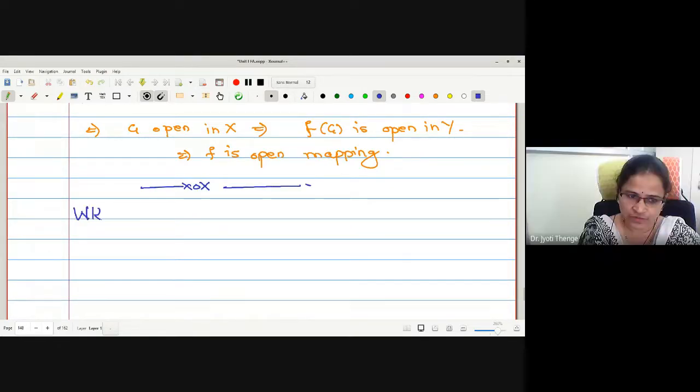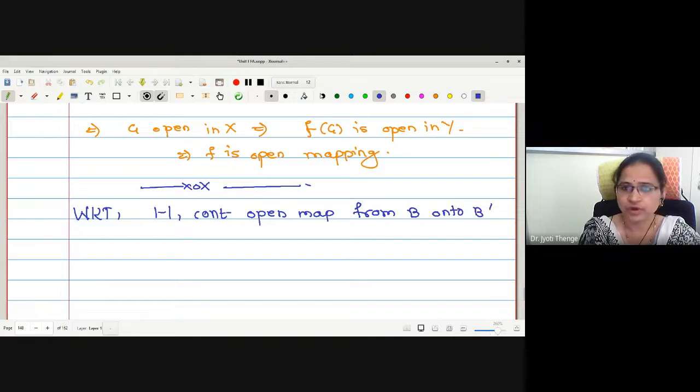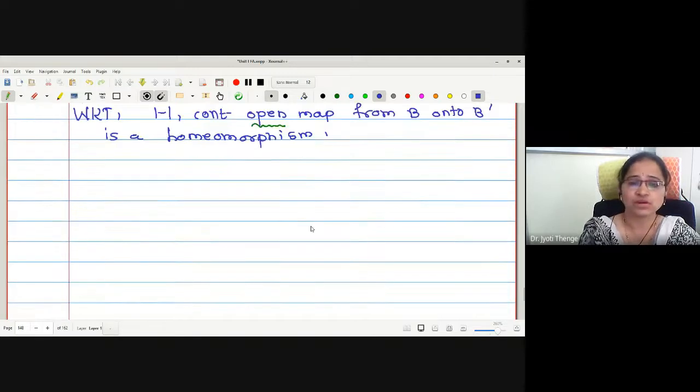Here I am going to write, we know that a 1-1 continuous open map from B onto B dash is a homeomorphism. Have you seen that I have replaced the condition of inverse being continuous by open map? This is what we know.